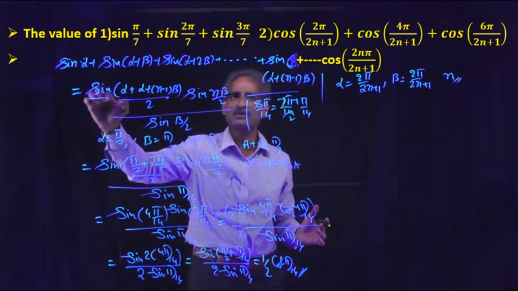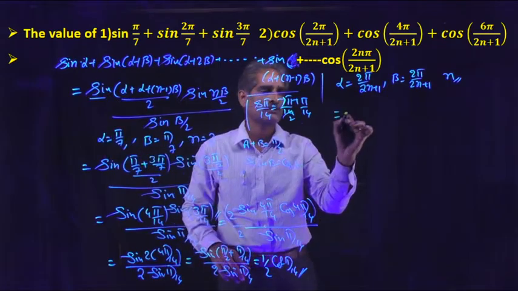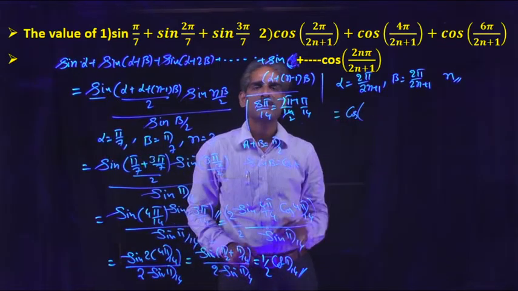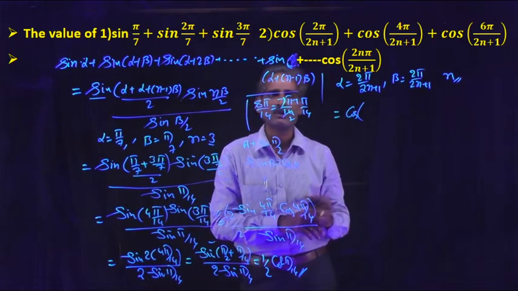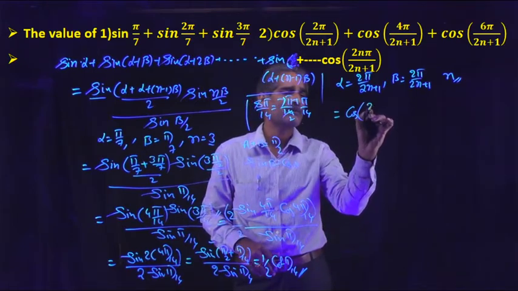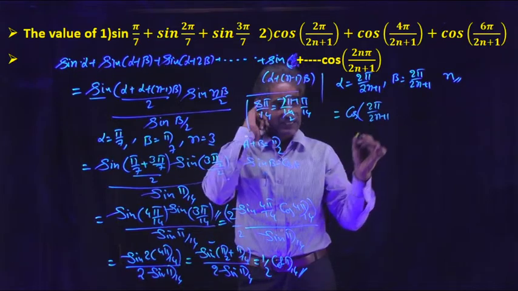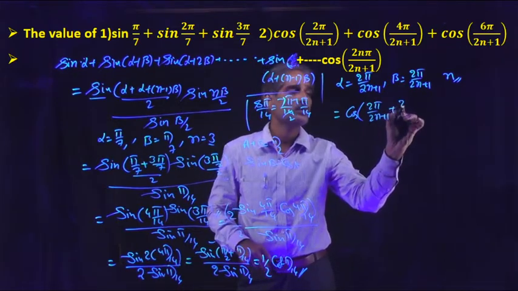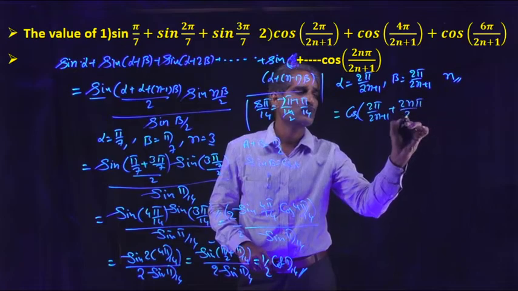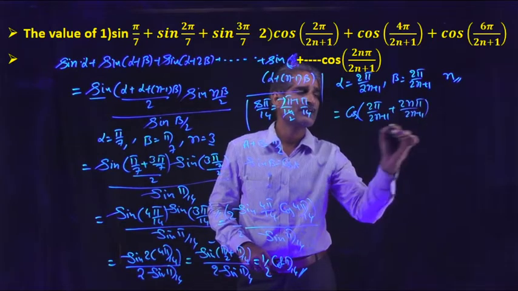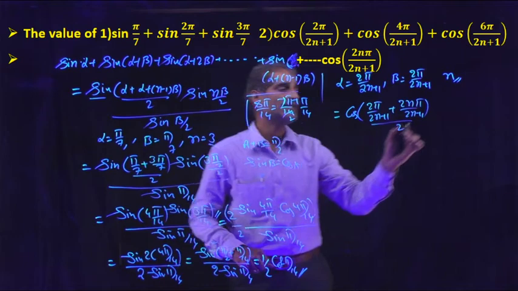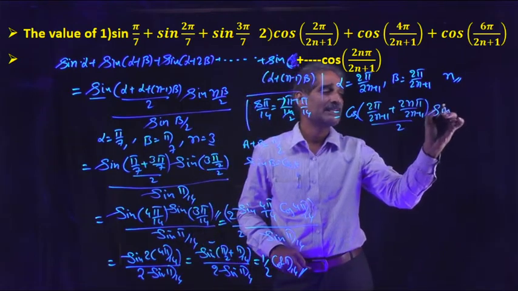Here in place of this we will get cos function. So now write down cos of the first angle plus last angle. What is the first angle? 2 pi by 2n plus 1, plus last angle 2n pi by 2n plus 1, whole divided by 2, into sin of n beta by 2.